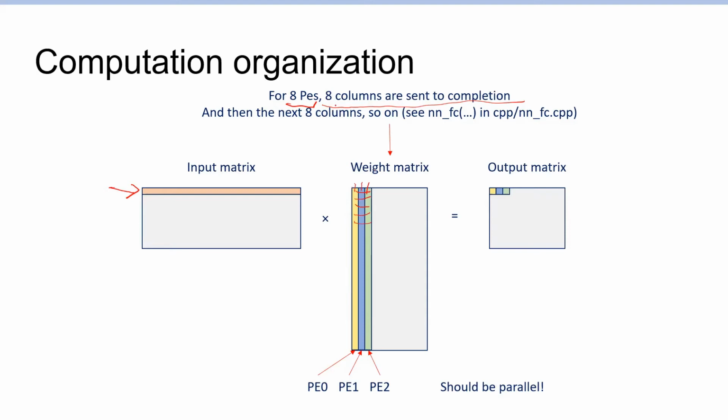If there's 8 PEs, the entirety of the 8 columns is sent out first. And once all of this is done, we start sending out the next batch. So that's how, when the computation is actually being done, for each input matrix row, the input matrix will be sent by, because this is output dim.